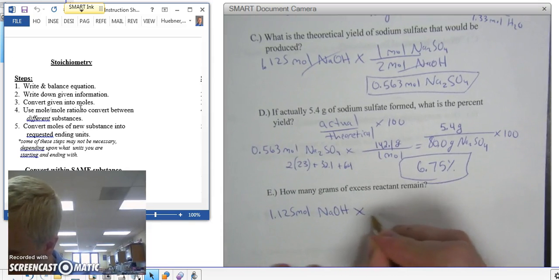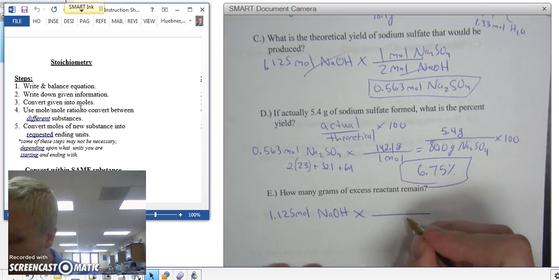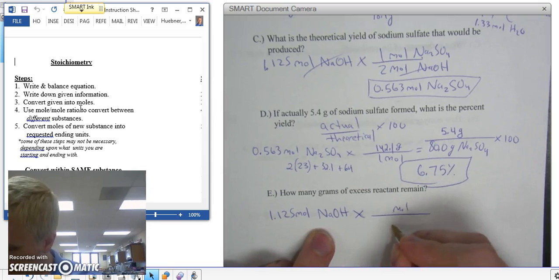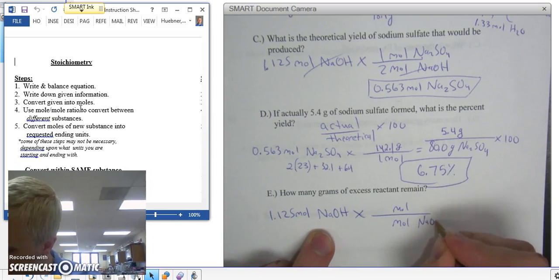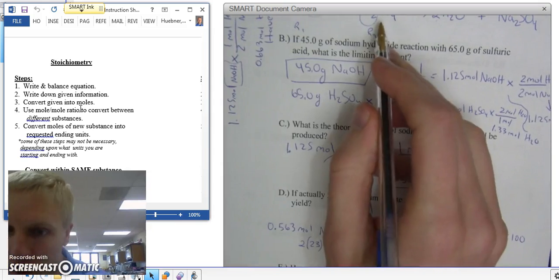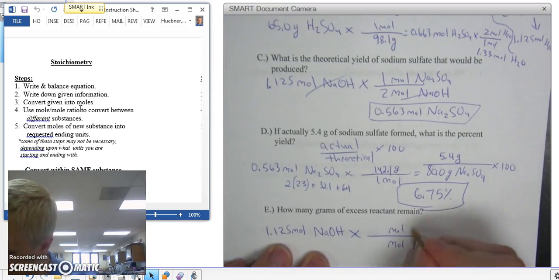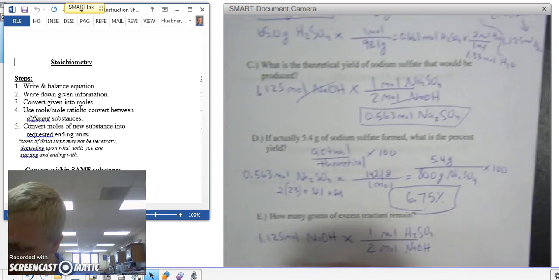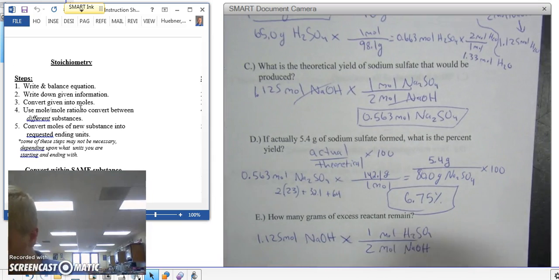We're going to do a mole-mole ratio of reactant over reactant. Excess reactant over limiting reactant. Mole over mole. Our limiting reactant was NaOH. That's on the bottom. Our excess reactant is H2SO4. So we're going to put that on top. We've got a 1 over 2 ratio from the balanced equation. 1.125 times 1 divided by 2.